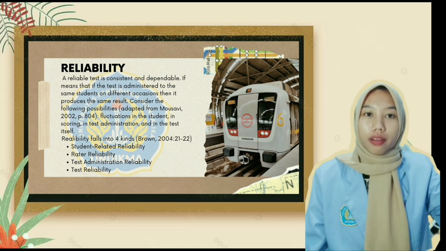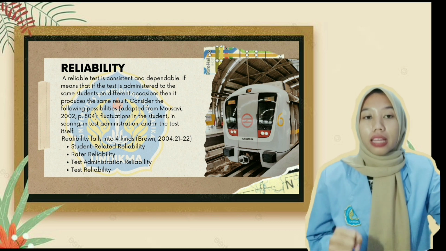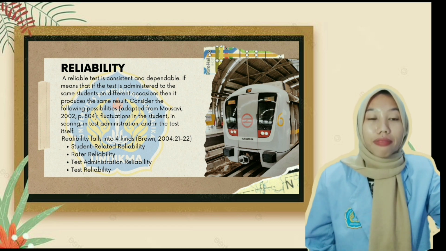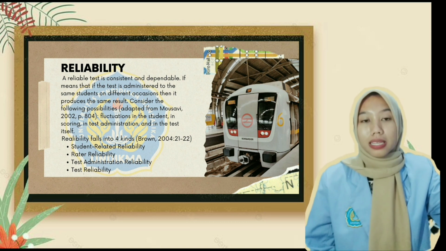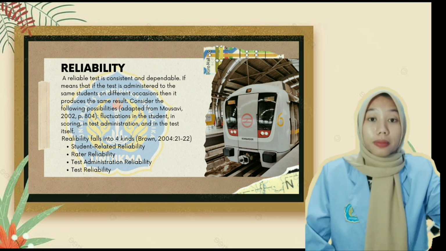Next we have reliability. A reliable task is consistent and dependable. It means that if the task is administered to the same students on different occasions, it produces the same result.